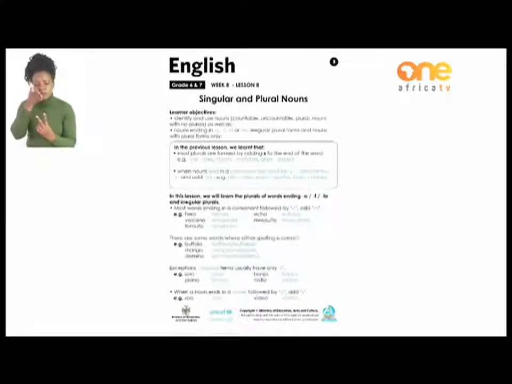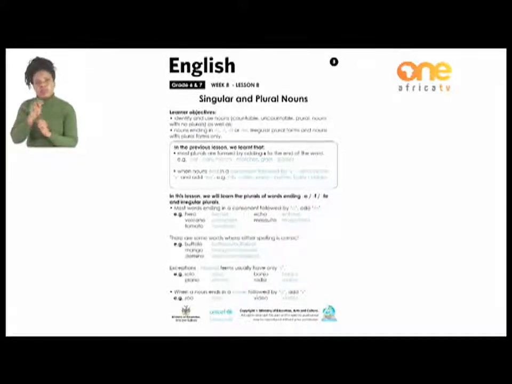For example, city, cities, party, parties, baby, babies. In today's lesson, we will learn the plurals of words ending in O, F, FE, and irregular plurals.